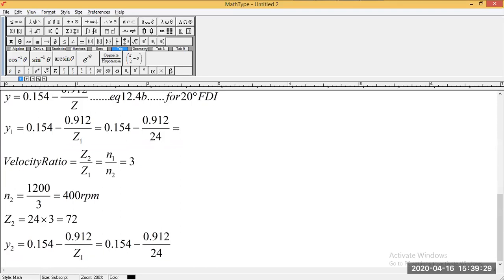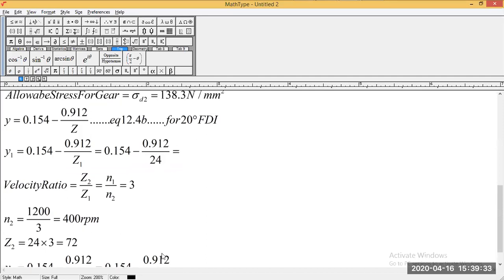So designate this Y2, Z2, and this will be 72. Okay, so Y1: 0.912 over 24, 0.154 minus the answer. So we're getting 0.116. Y1.